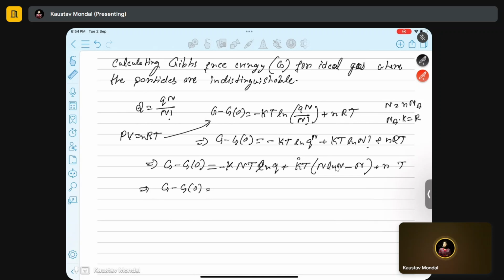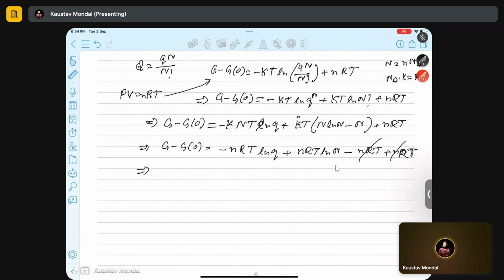So we can write this whole thing like this: minus nRT ln q plus, here also NKT you can write as nRT ln N minus nRT, in a similar way, plus nRT. So nRT will basically cancel each other.